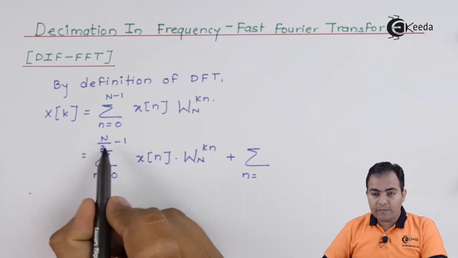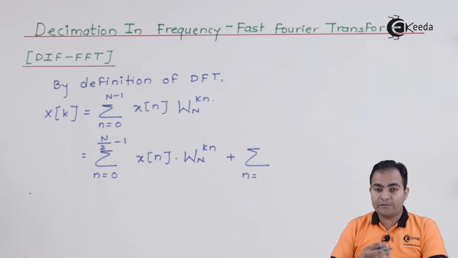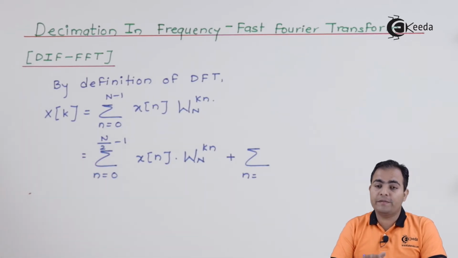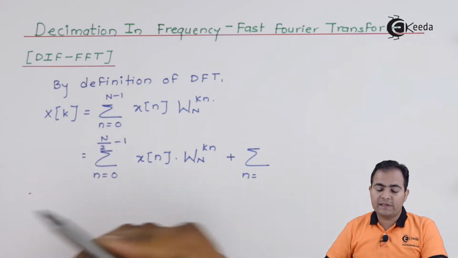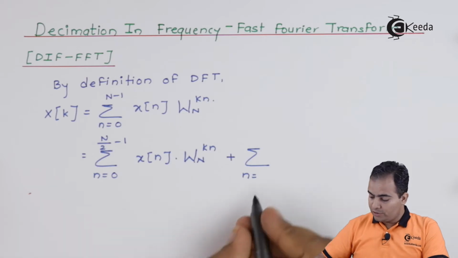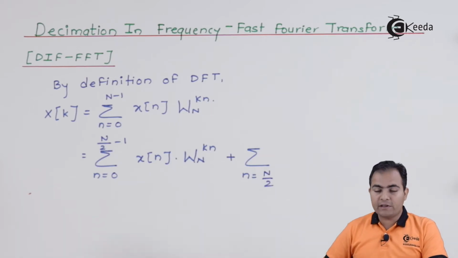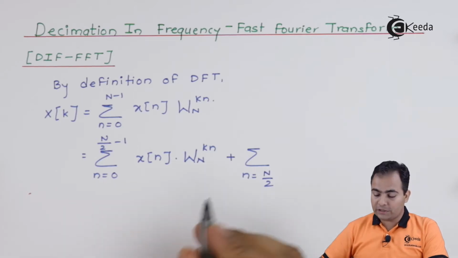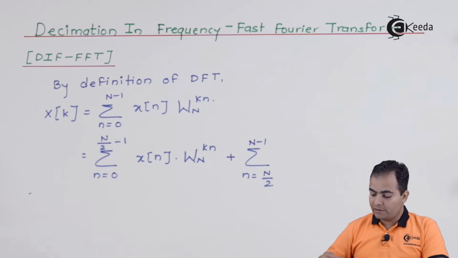After N by 2 minus 1, the next step is N by 2, because to get the next number we always add 1, so the 1 and minus 1 cancel and we have only N by 2. So the next starting value will be N by 2, and the highest value is N minus 1.